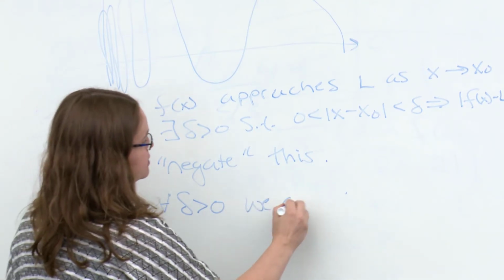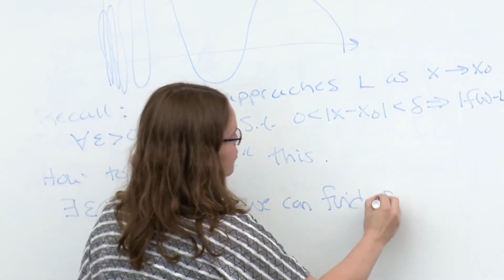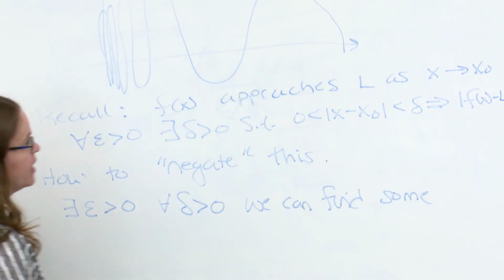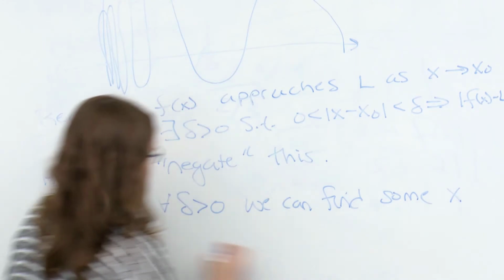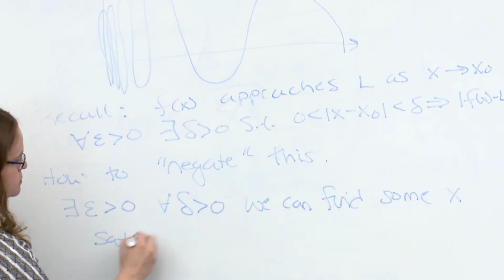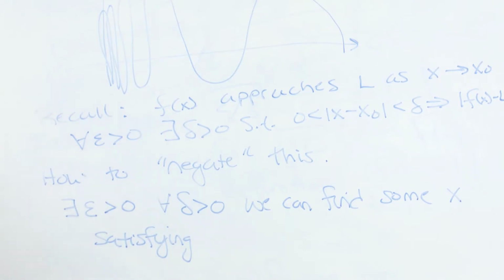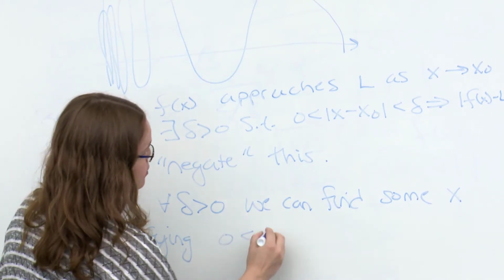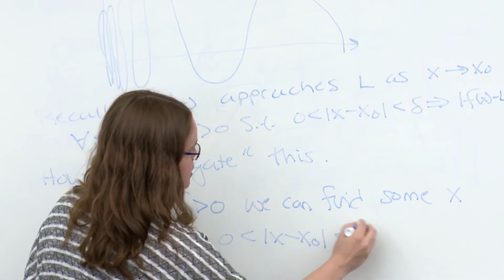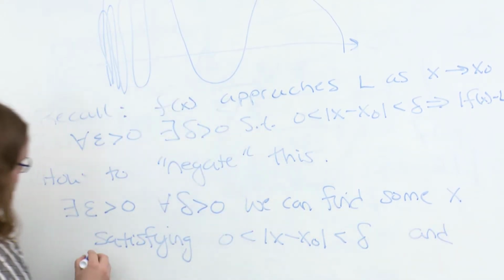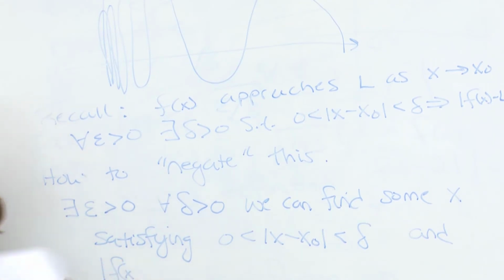We can find some value of x that gets this bigger than epsilon. So we can find some x satisfying this inequality, that it's less than delta, so in our teeny tiny little window, and even though the x value is in this teeny tiny little window, the f of x value still escapes.